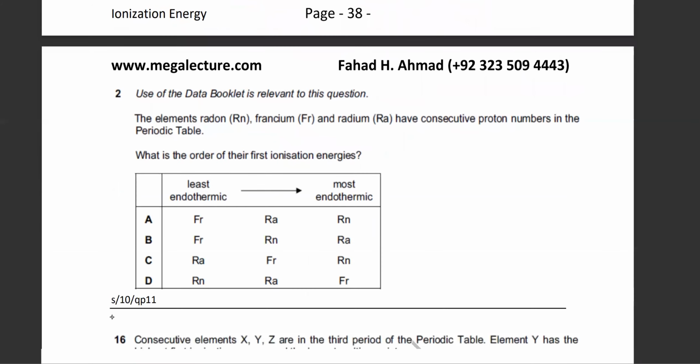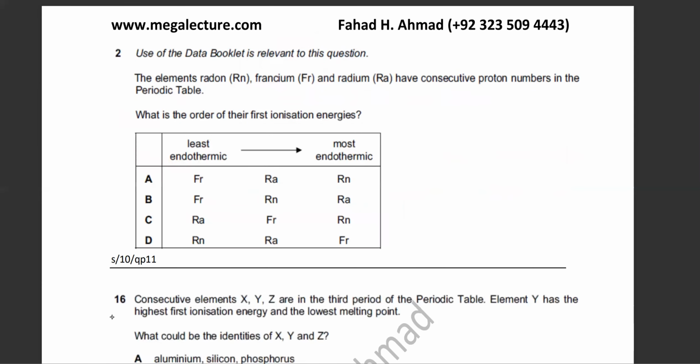And this one is kind of tricky. It says the elements radon, francium, and radium have consecutive proton numbers in the periodic table. Now the thing is, you're moving through consecutive proton numbers. So that's 1, 2, dip at 3, 4, 5, dip at 6, and then 7, and then 8, 17, and 18. Then all of a sudden you go back to group 1 in the next period and group 2.